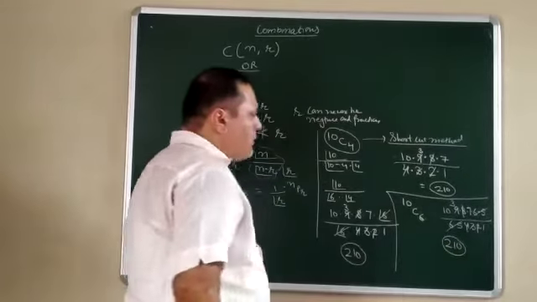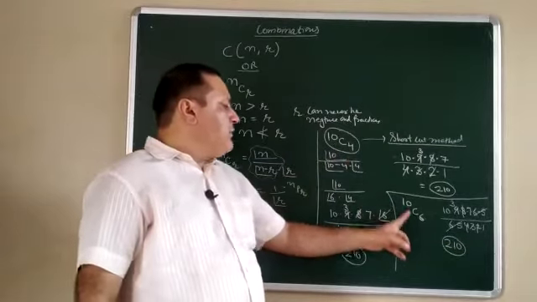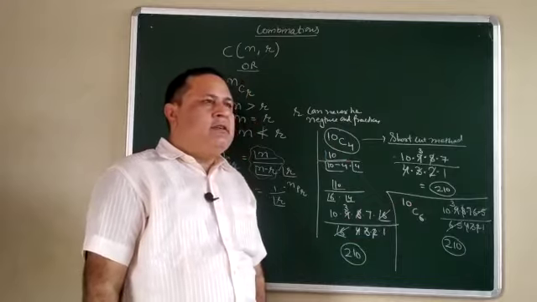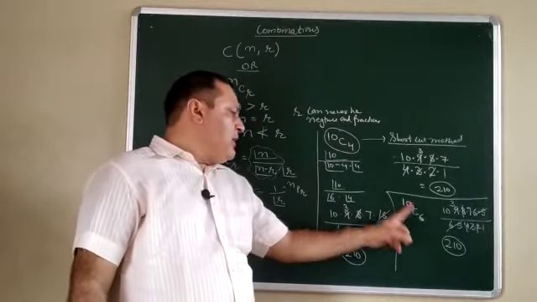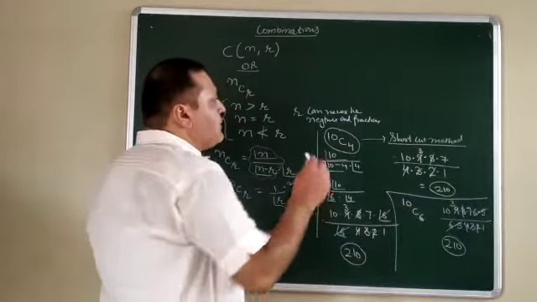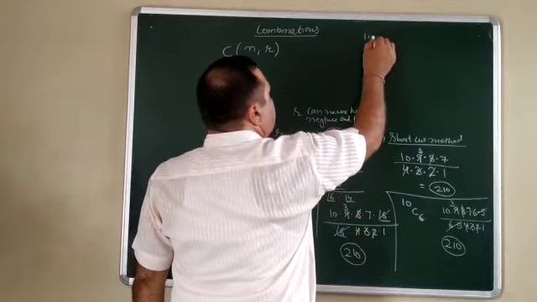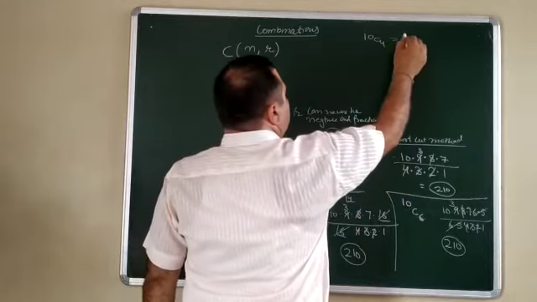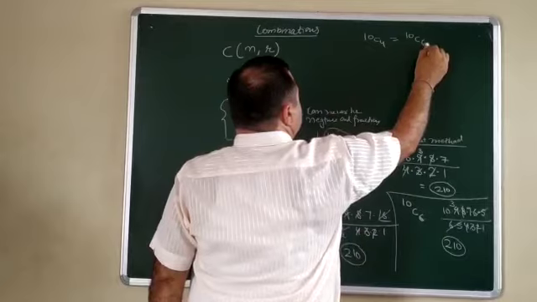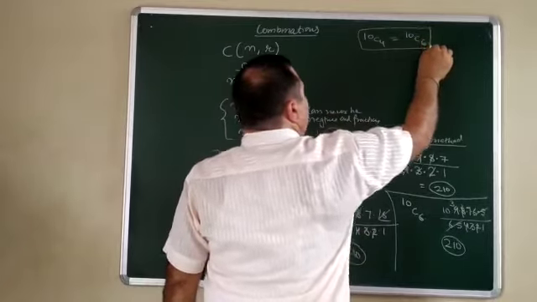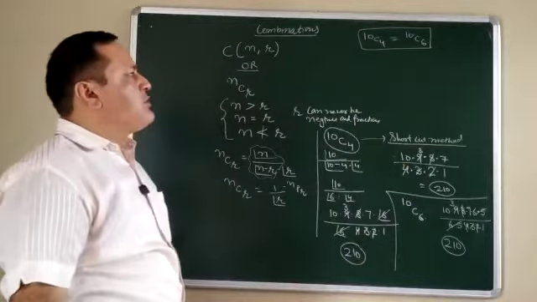What do we observe? The value of 10C4 is equal to 10C6. Both give the same result. This result was obtained by me during the calculations.